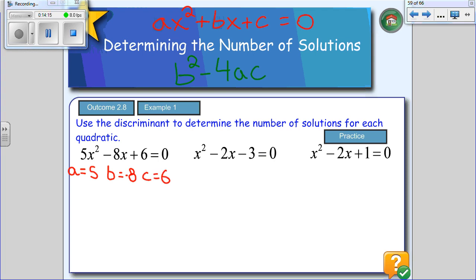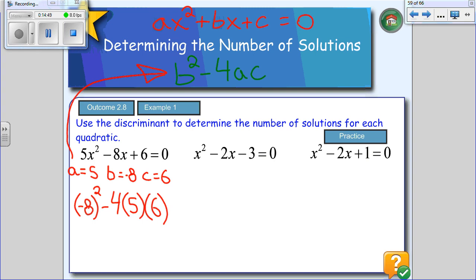I want to figure out how many solutions there are to that quadratic. Just the number of solutions. So I'm going to put a, b, and c into my quadratic formula up here. When I do that, I use brackets. Makes a difference. So for b being negative 8, that be squared. I go negative 8 brackets minus 4 times a times c. Those brackets of the b squared make a difference.